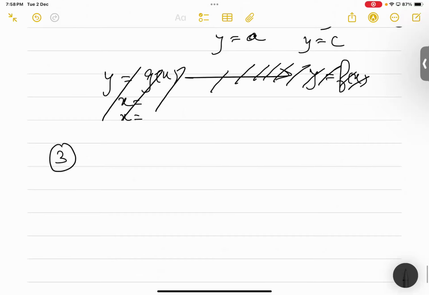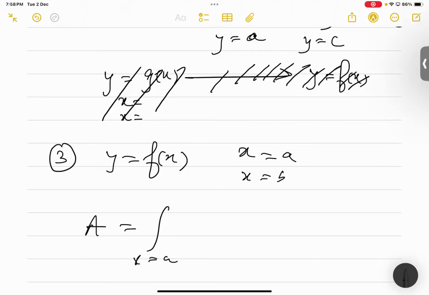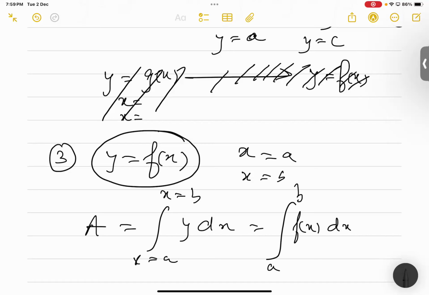Third one: y is equal to f of x. Now instead of f, they can also write g. It is still a function. Fine. f of x, g of x are functions of x. Lines x is equal to a, x is equal to b. So this formula: integral from x is equal to a to x is equal to b of y dx. So a is a, b is b. What is y? f of x. It's given, na? y is equal to f of x. Why are they putting a modulus? Area cannot be negative. Fine.